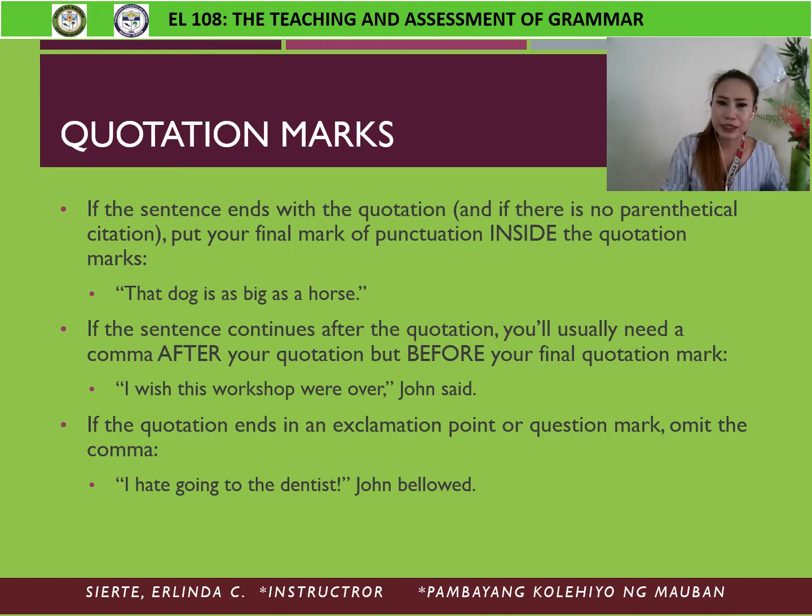Next, if the sentence continues after the quotation, you'll usually need a comma after your quotation, but before your final quotation mark. Example: I wish this workshop were over, John said.